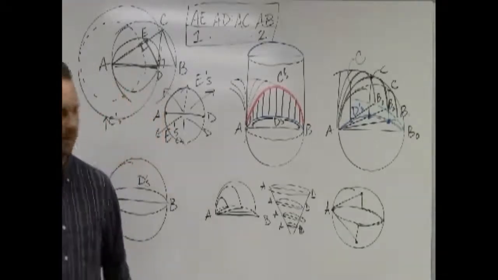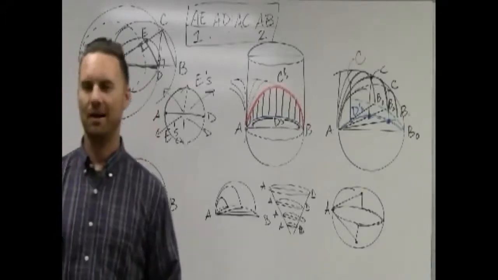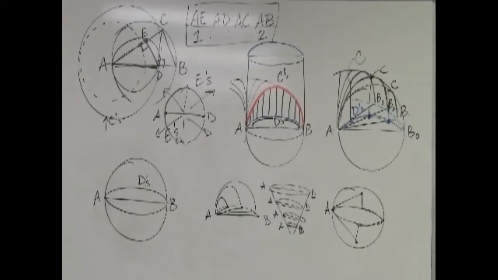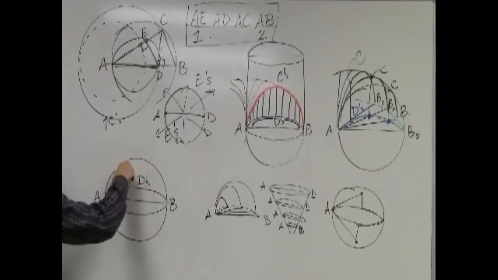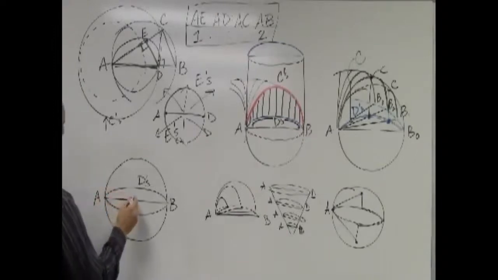So does anybody have an idea of how I can create a set of points E where AE equals 1? Make another sphere the same size where the center's A instead between AB.